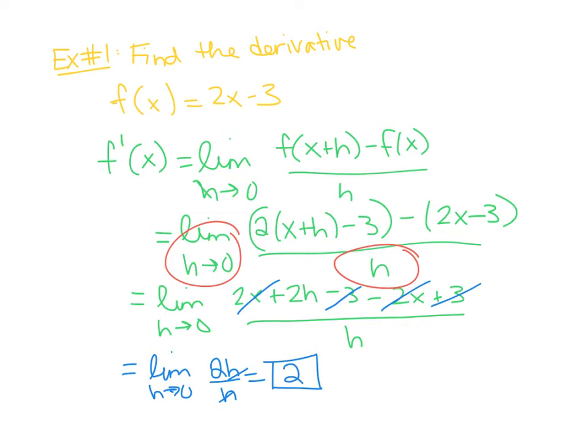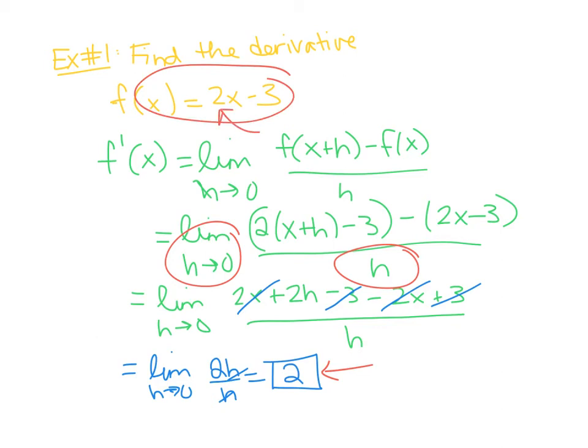What this means is that this is the slope of the tangent line to 2x minus 3. This actually makes sense. Maybe it doesn't yet, but hopefully after I explain it, it will. If you look at our original equation, that has a slope of 2.